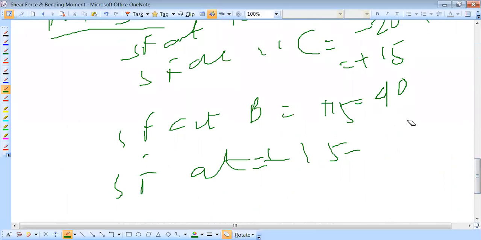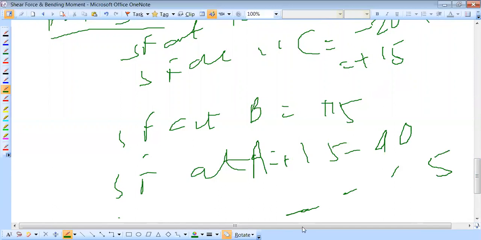Sorry, SF at A. SF at A is equal to plus 15 minus 40, so minus 25.